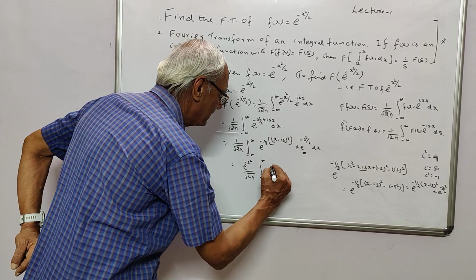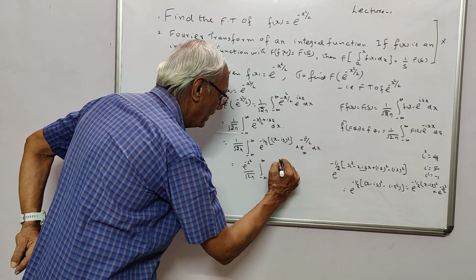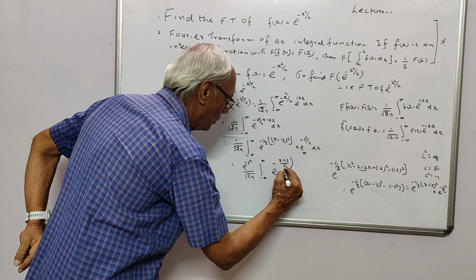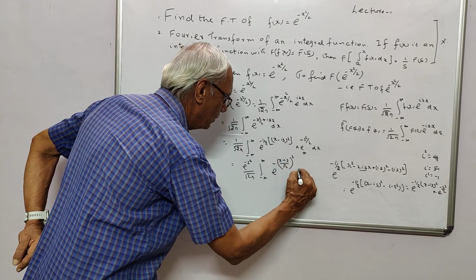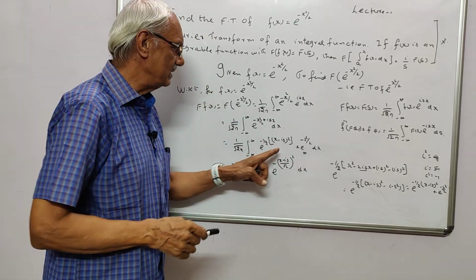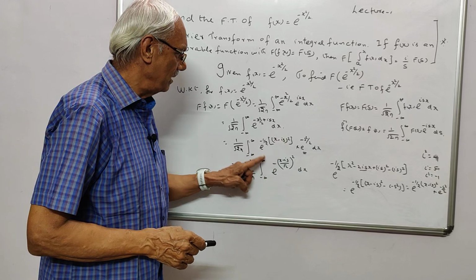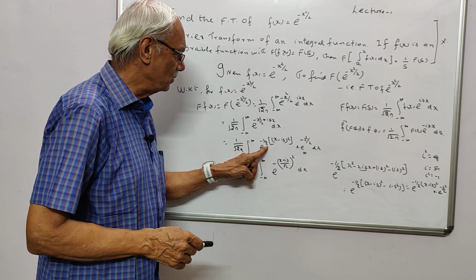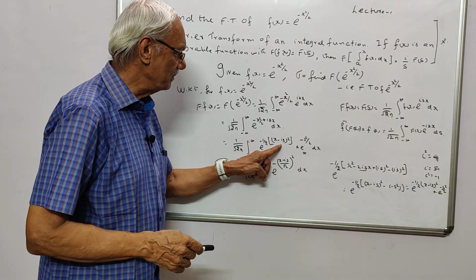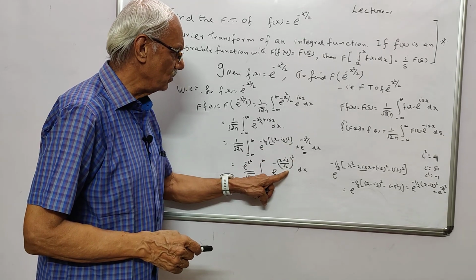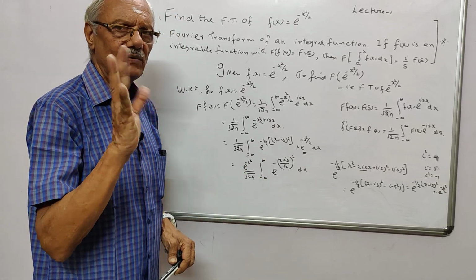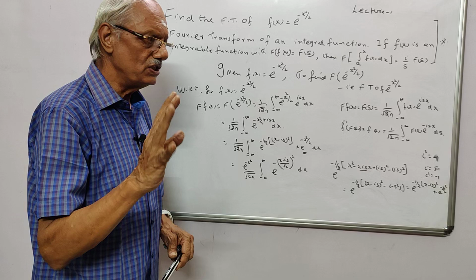I will write this as e to the power of minus ((x minus is) by root 2) whole square, dx. I have not done anything difficult here. This is x minus is, with root 2 outside. If you square it, this is (x minus is) whole square divided by square root of 2 whole squared, which is 2. So I am retaining it as it is. I have not changed anything at all.